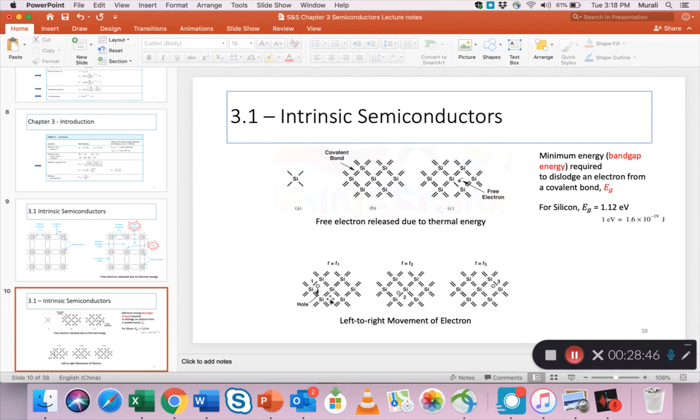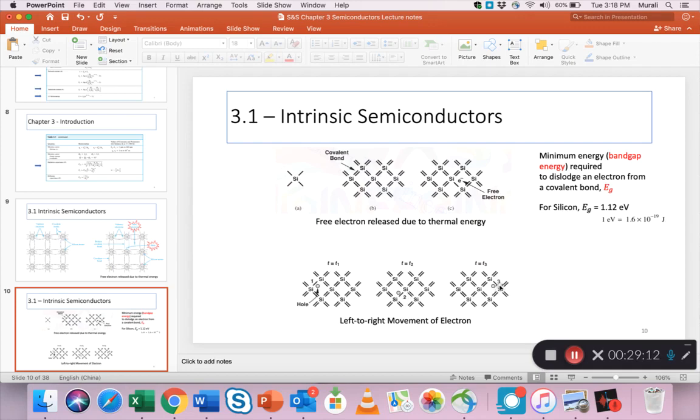So an electron jumps into this atom, and so you see that the first atom now has all of its electrons back, but the second atom now has a hole because it has a free electron.